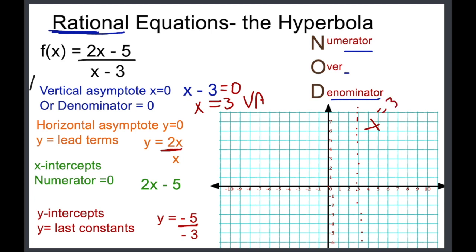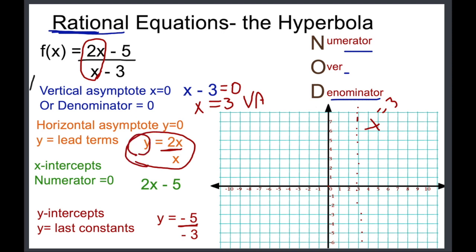Second, we go to the horizontal asymptote, and the horizontal asymptote is the lead terms. The two lead terms here happen to be 2x over x. They are the lead terms because they have a variable and it's the highest exponent in each line. So down here you see the two lead terms. You set them equal to y.